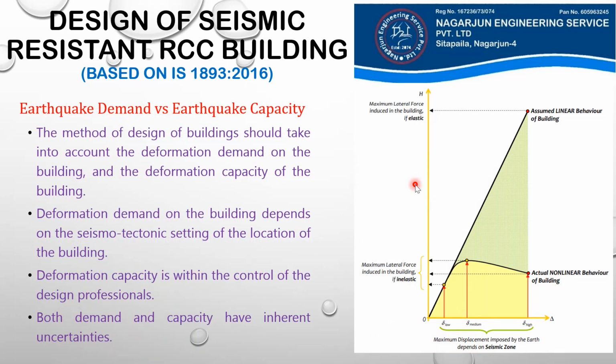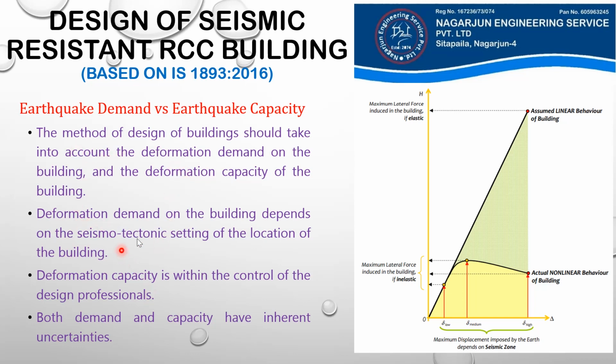So what is earthquake demand versus earthquake capacity? As we discussed in the previous slide, during an earthquake, certain forces will be applied at the base of the building known as base shear, and our structure has to be designed to withstand that base shear. So that base shear which is applied at the bottom of the building is the earthquake demand. That force is the earthquake demand.